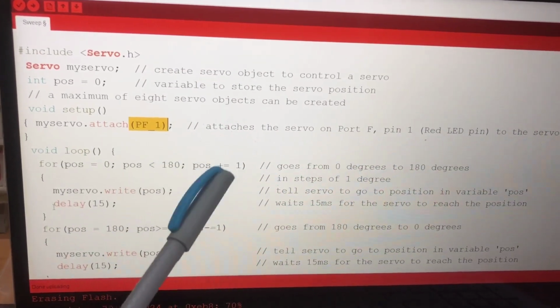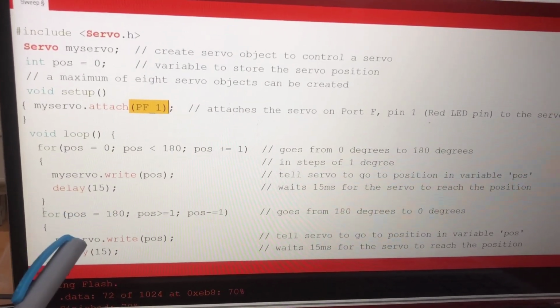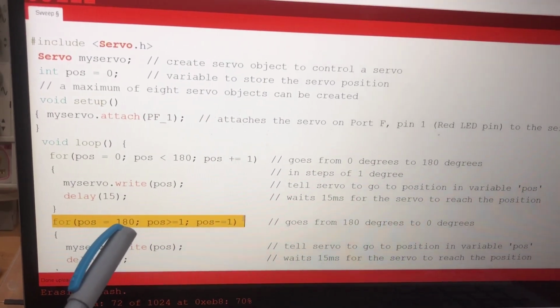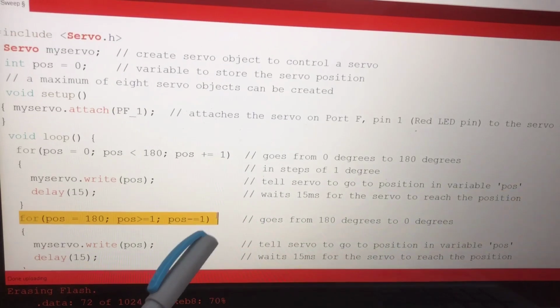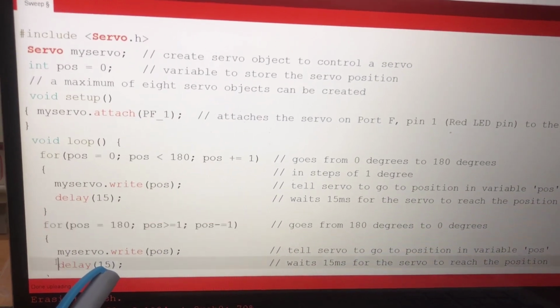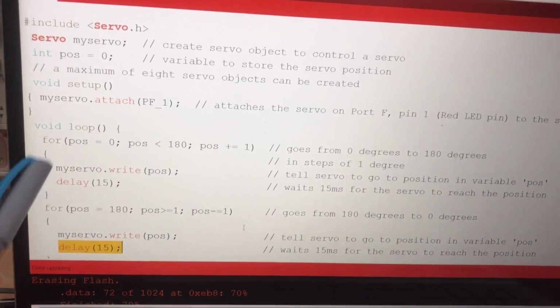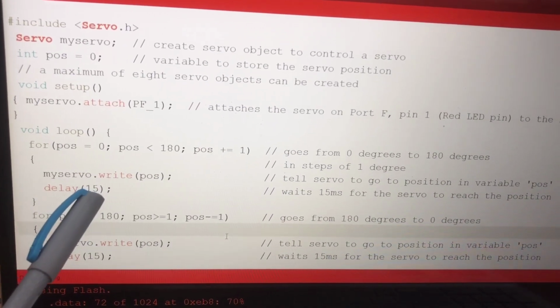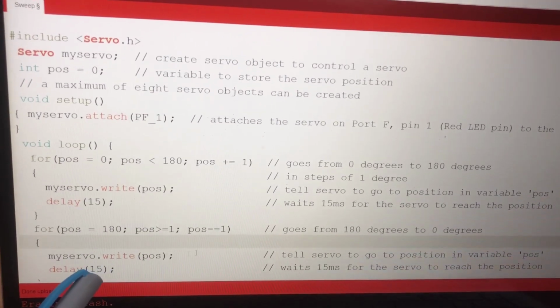After this for loop is over, it goes to the next for loop, where from 180 degrees to 0 degrees it decrements by 1 with a delay of 15 milliseconds.